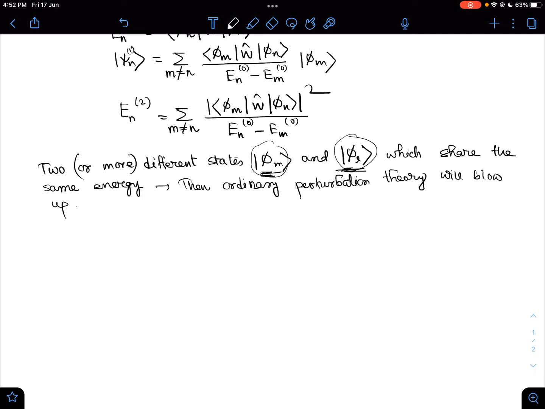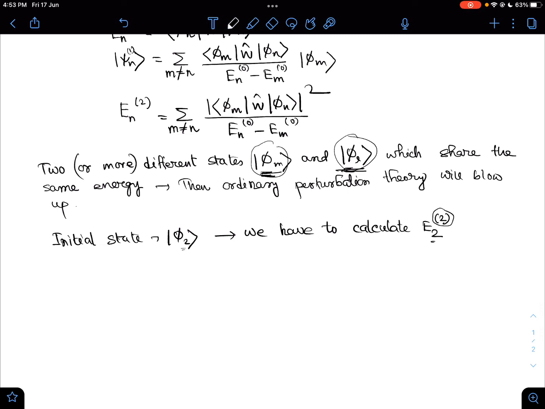Suppose we have our initial state to be phi 2, and we have to calculate the second order energy correction in phi 2.